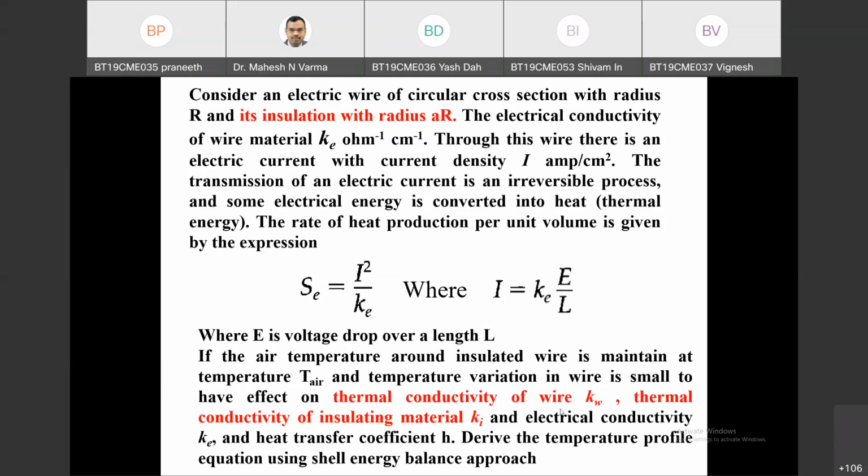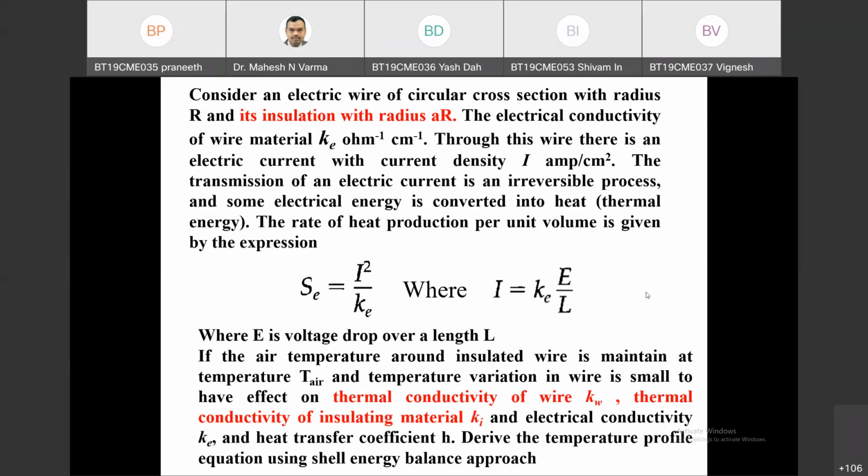So overall temperature variation is small so that we can neglect the variation in thermal conductivity of the wire and the insulating material, and the electrical conductivity Ke. The heat transfer coefficient is h. Derive the temperature profile using the shell energy balance approach.